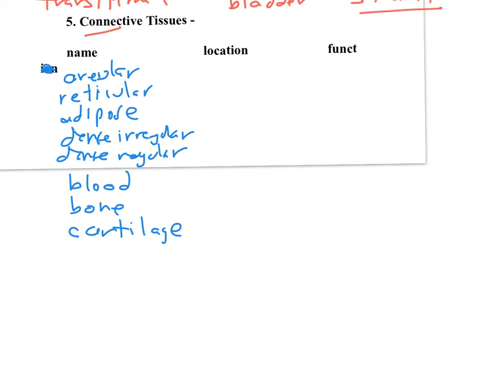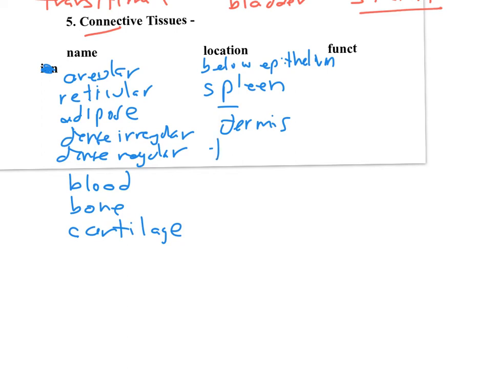Location of areolar tissue is below the epithelium. Reticular tissue is specialized tissue found in the spleen. Adipose is spread throughout the body. Dense irregular tissue is found in the dermis of your skin. That's our leather coat.